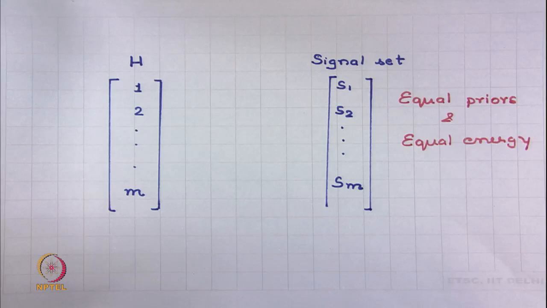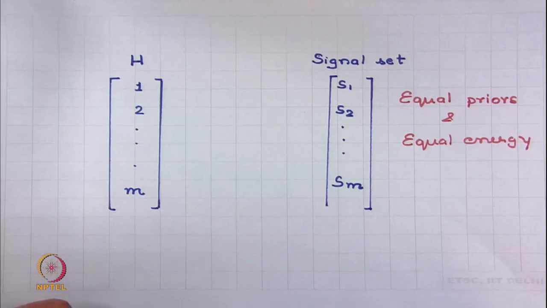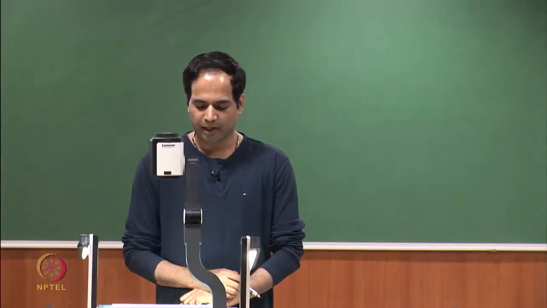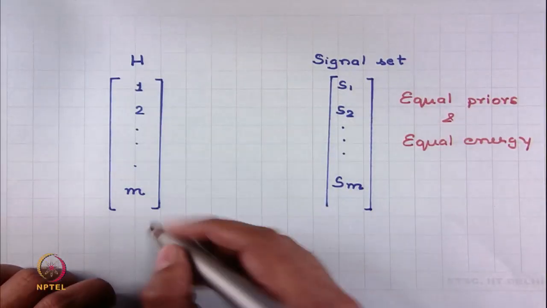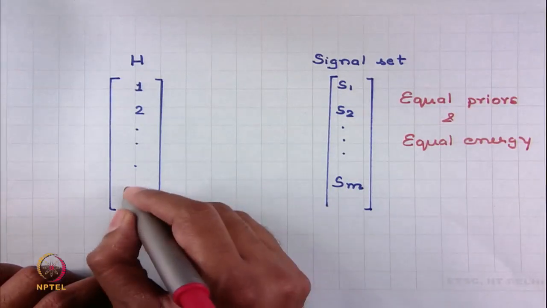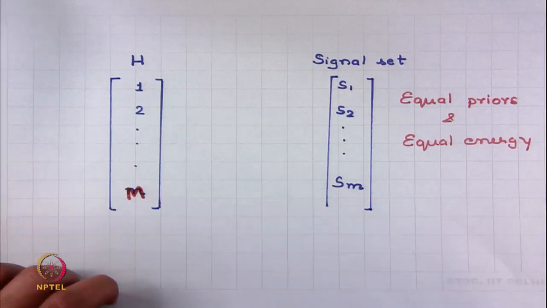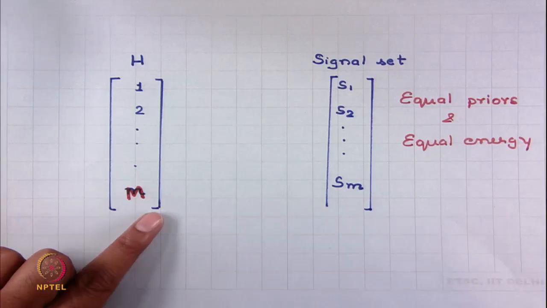Okay, so let us start looking into the performance of these orthogonal modulation schemes. What we assume is that we have M hypotheses, so we use the capital letter M instead of small letter m.